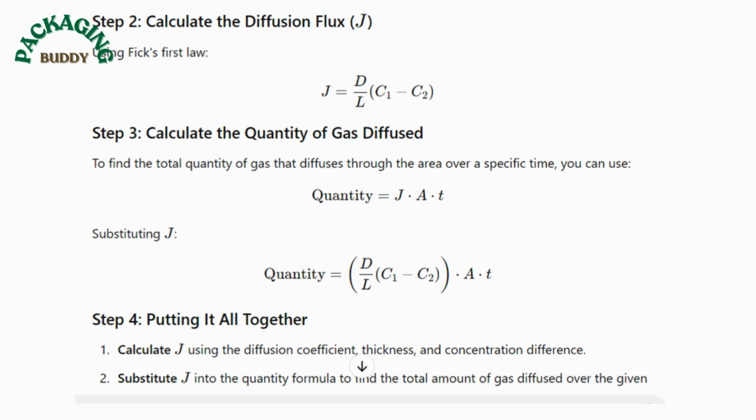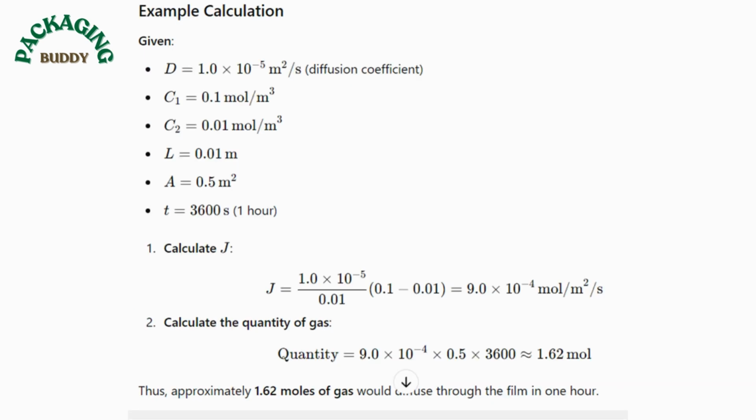Step 4, putting it all together. Number 1, calculate J using the diffusion coefficient, thickness and concentration difference. Number 2, put J into the quantity formula to find the total amount of gas diffused over the given time. Example number 1, given: D is equal to 1 into 10 to the power minus 5 meter square per second.